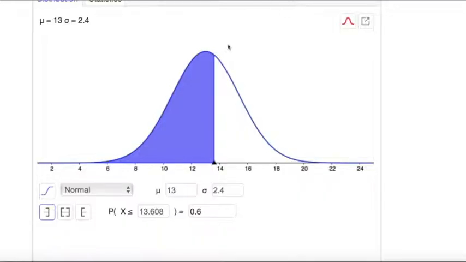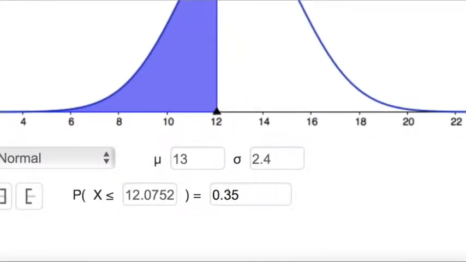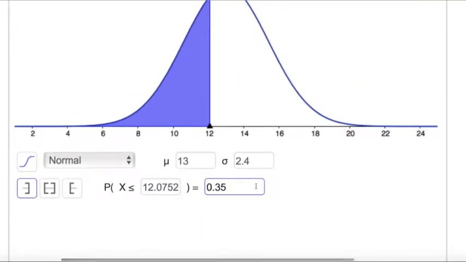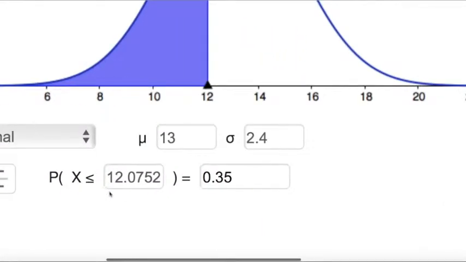So going back to GeoGebra, I said P35 for my low, and notice how this is back in x's, and I'm changing the area because I don't know what the x is. So once I put the percentile that I want, enter, I get this, and it tells me that my 35th percentile is 12.0752.